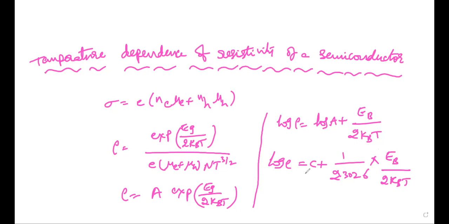So here, if a graph is plotted between log rho versus 1 by T, it should be a straight line, and the band gap E_g can be determined from its slope.